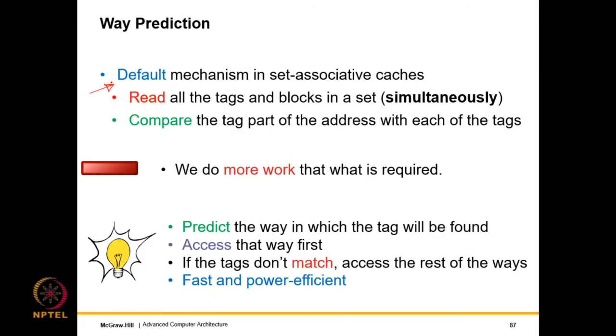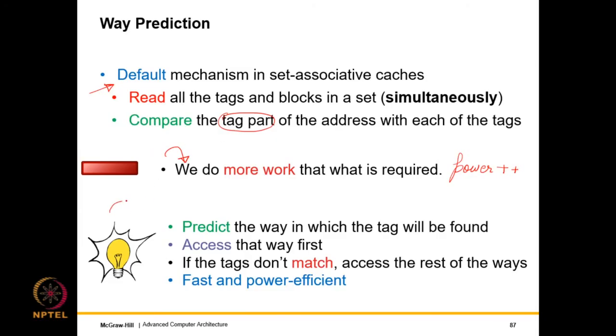We read all the tags and blocks in a set simultaneously. Again, why do we do that? We do it for performance reasons. We compare the tag part of the address with each of the tags. So you pretty much do more work than what is required. Whenever that is the case, we end up burning more power than what is required.